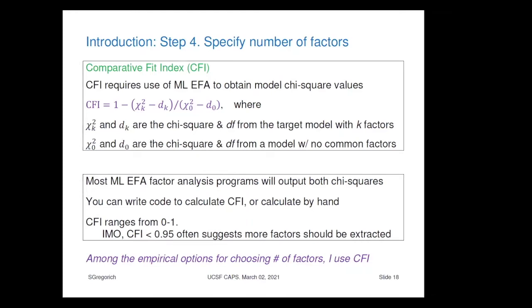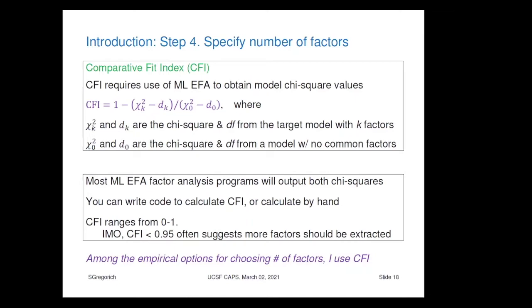So the chi-square sub-0 and d sub-0 represent a model with horrible fit, because you wouldn't even be engaged in a factor analysis of orthogonal variables. Your whole idea is to create items that are going to be intercorrelated. And so that null model chi-square is just like a baseline for how horrible things could possibly be.